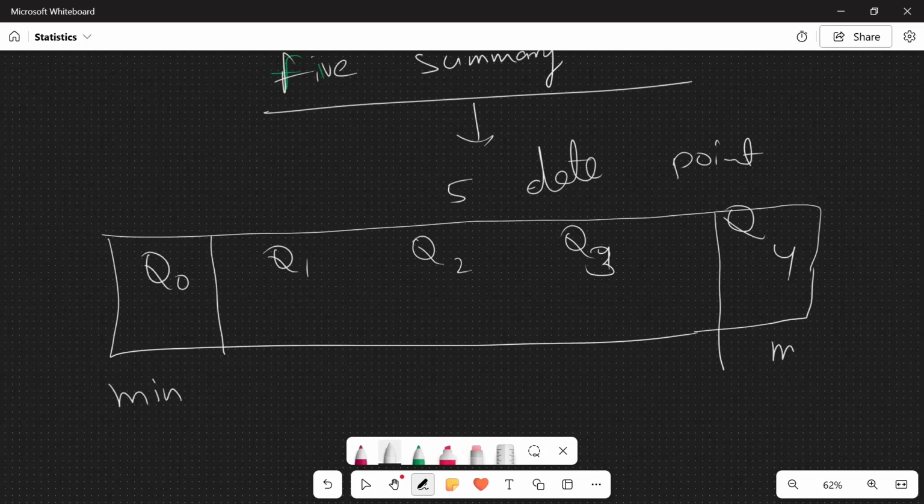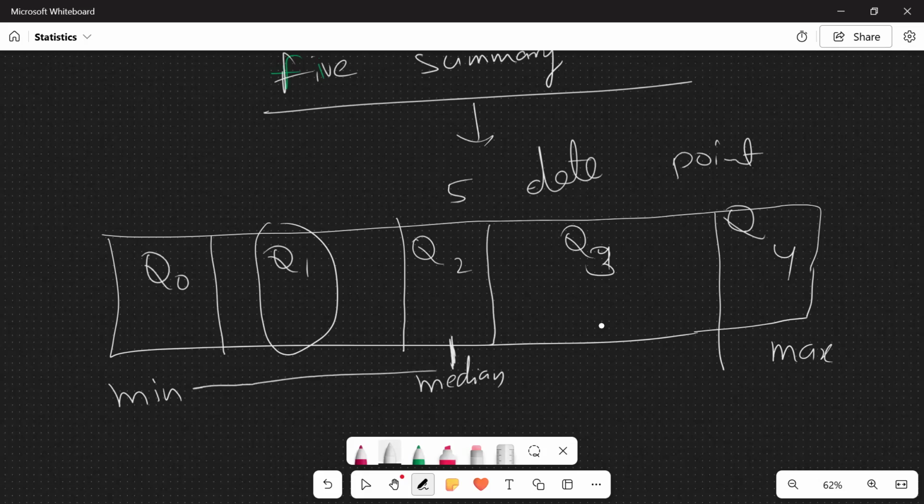Q4 is your maximum value. Q2 is your median value, the middle value. Q1 means if you split your data points into two parts based upon the median, this is one half and this is the other half of your data set.